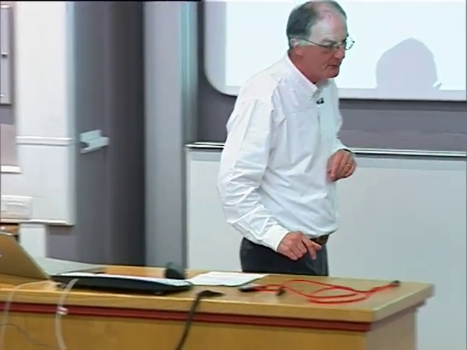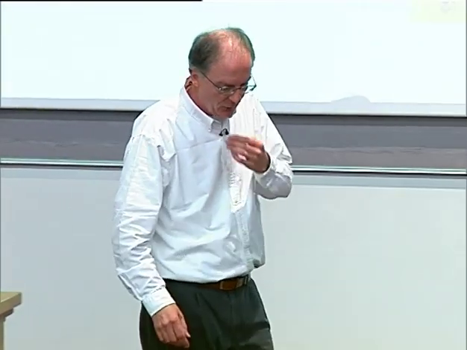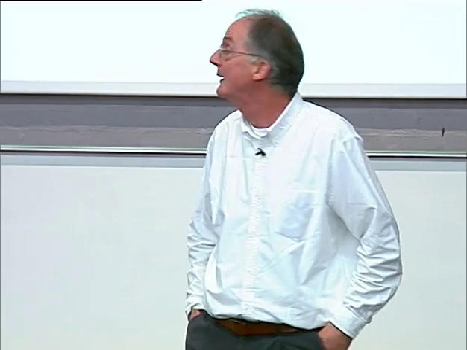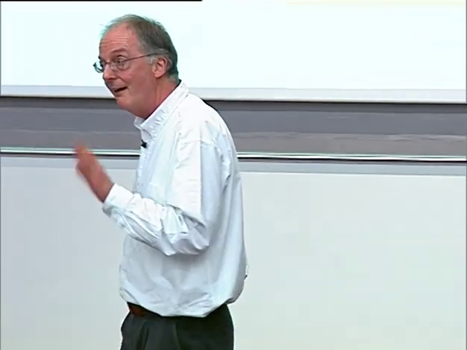Now, I'm going to finish with a comment on some books. Absolutely my favorite knot book, in case any of you want to look into this subject further, is a book by Colin Adams called The Knot Book. It's available from the American Mathematical Society. It's a paperback, an absolutely beautiful book, which I cannot recommend highly enough.